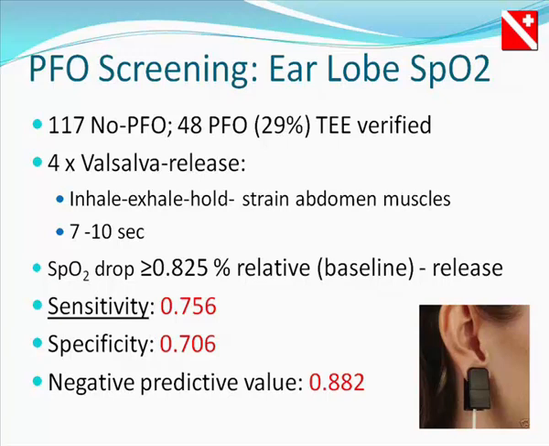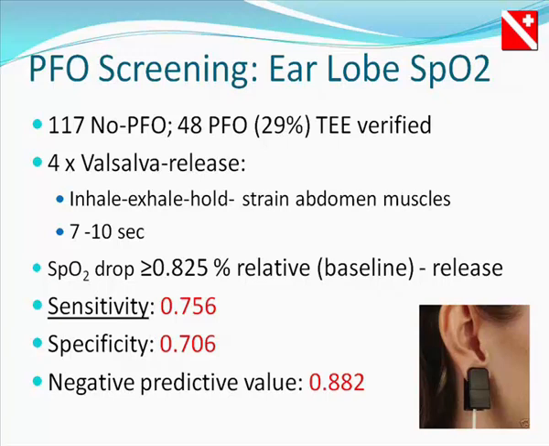In other words, you breathe in, you breathe out, and upon exhalation, you strain the abdominal muscles. And then keep that for 7 to 10 seconds. In other words, you are deliberately reducing the oxygenation by exhaling to residual volume.